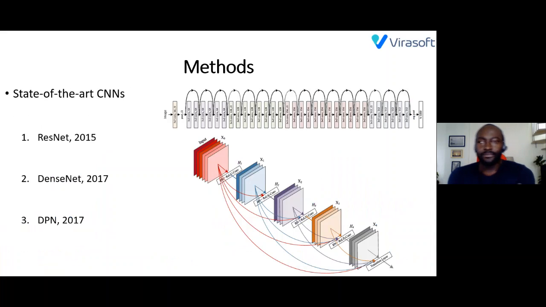So thanks to open source and sharing in the machine learning community, we have these state-of-the-art convolutional neural networks: the ResNet, the DenseNet, and the dual path networks. So these are classification models. They are readily available.